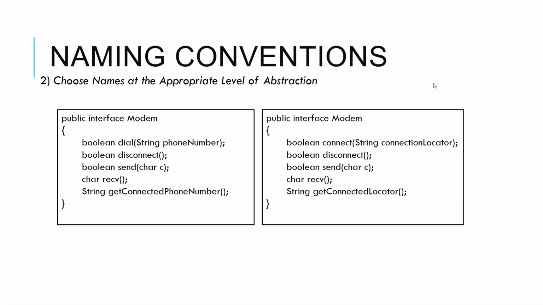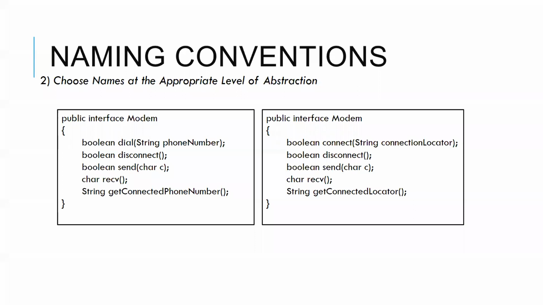If you talk about a generic definition of a modem, a modem may dial a number to connect to a particular ISP, or it might also send some signals to connect to the ISP. So assuming that a modem will always dial a number is a wrong assumption and is at the wrong level of abstraction.